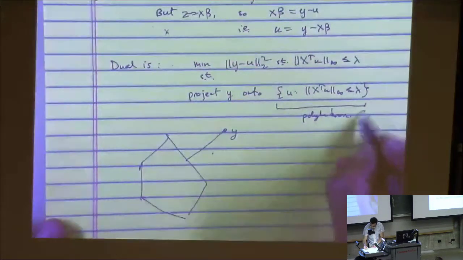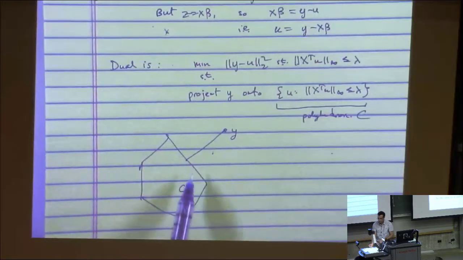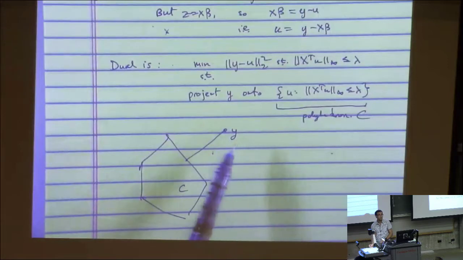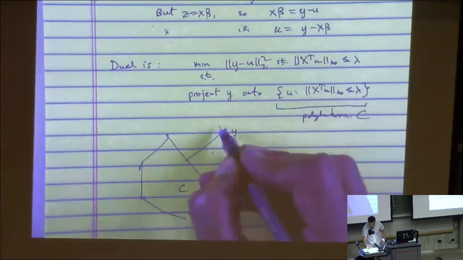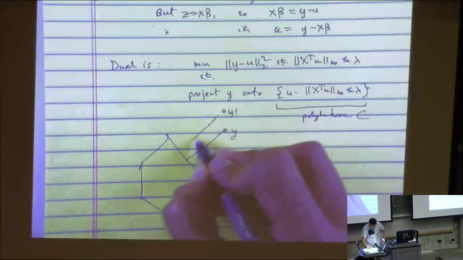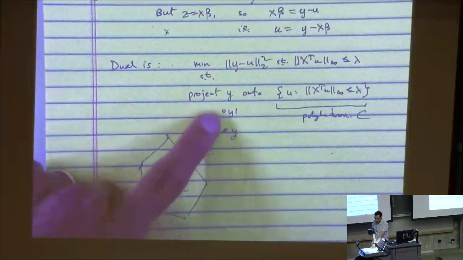If I move y to y prime and I project each of those onto C, I could not be ending up with projections that are farther apart than y and y prime. That's a property of projections onto convex sets. You can convince yourself that's the case. Suppose I move y to y prime right here, I project that guy. This distance is going to be smaller or equal to this distance.